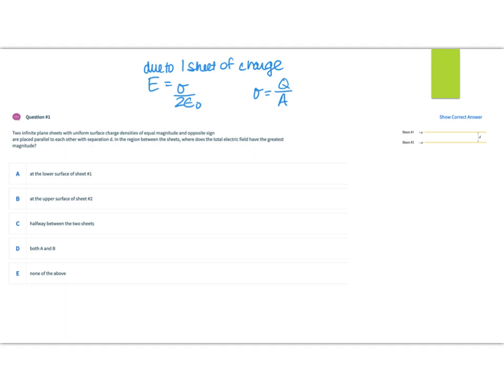It is charge per unit area. So in this question, each of these sheets is creating its own electric field around it with those magnitudes.